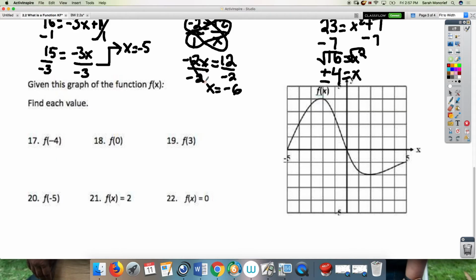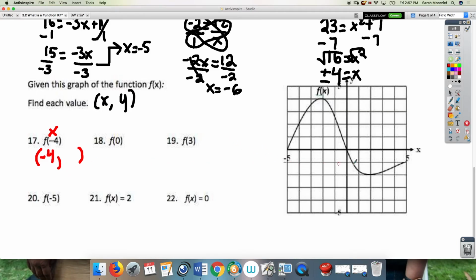So if it's an input, is it an x or a y? Very good, it's an x. When we're looking at these, it is an ordered pair, right? Yes. Ordered pairs are always written as x comma y. Which part of the ordered pair do I already have here, x or y? X. So I have negative 4.